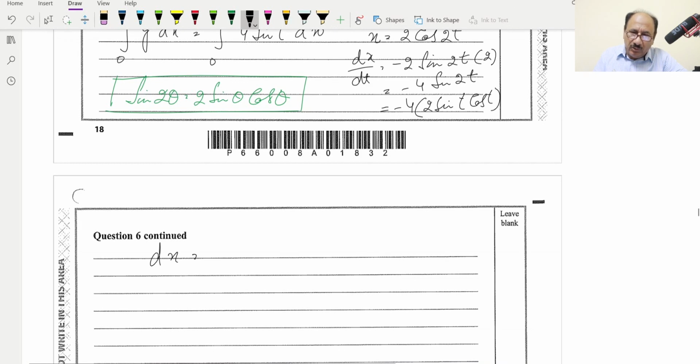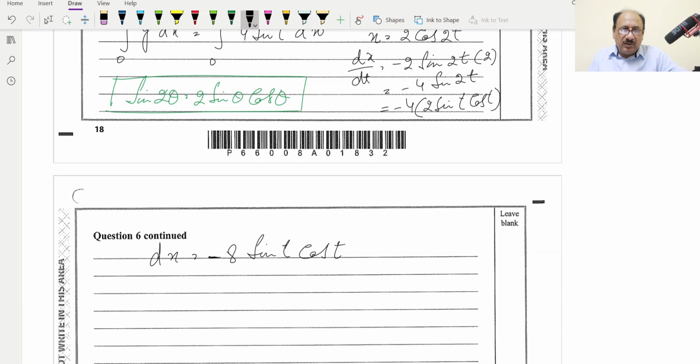dx will be equal to minus 4 into 2, which is minus 8 sin t cos t. This is our dx value, so we can write the area of R as what?